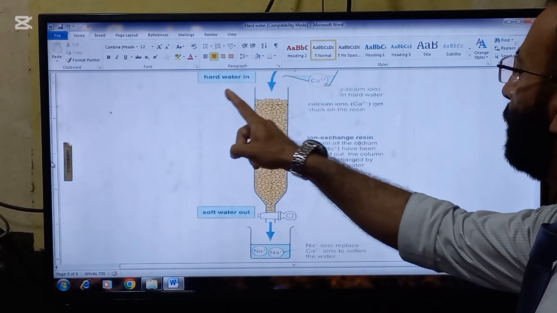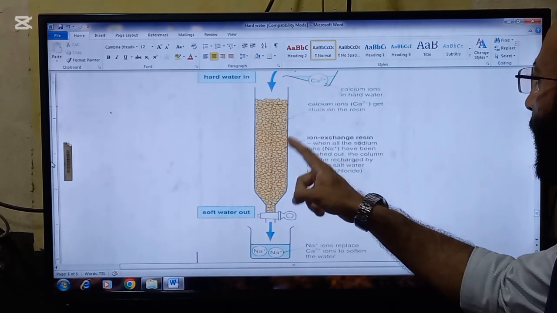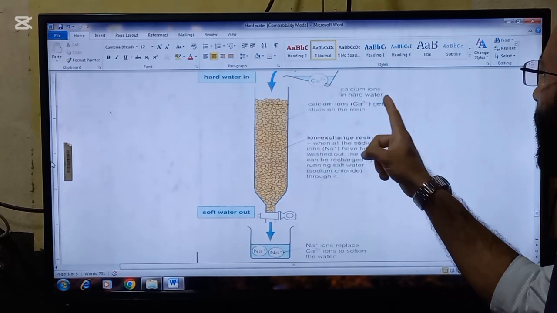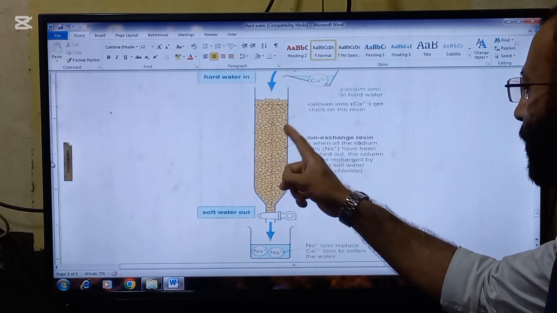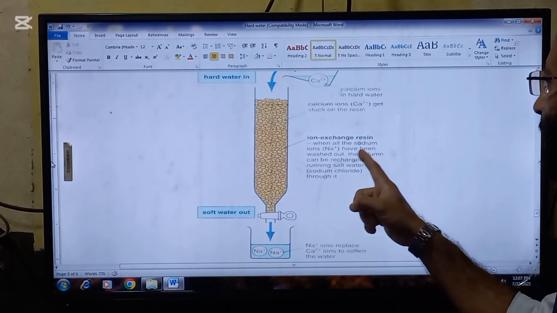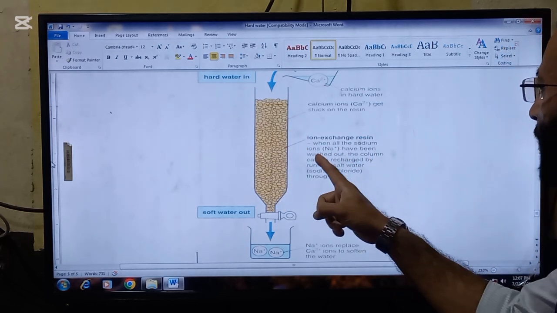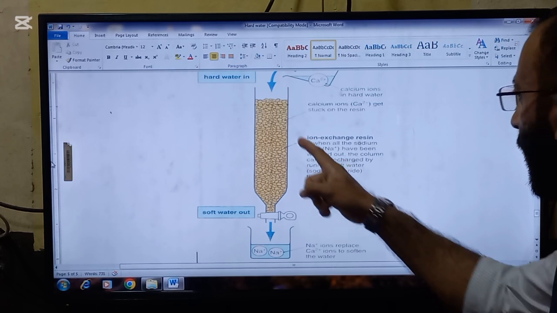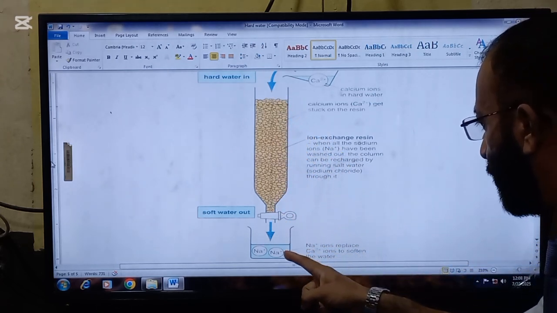So look now, the hard water in contains the calcium ions. Here are the resins. The calcium ions in the hard water get stuck in the resin. So all the calcium ions get stuck in the resin. The ion exchange resin actually holds sodium ions. When the sodium ions have been washed out, water containing the sodium ions comes into the container.